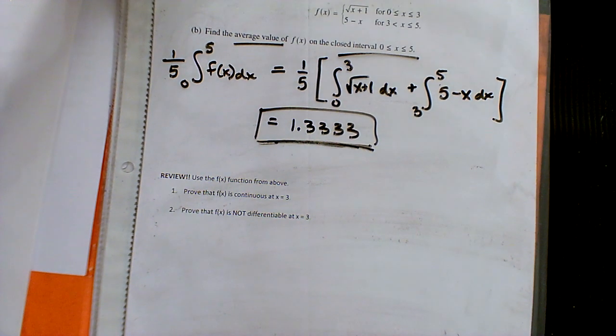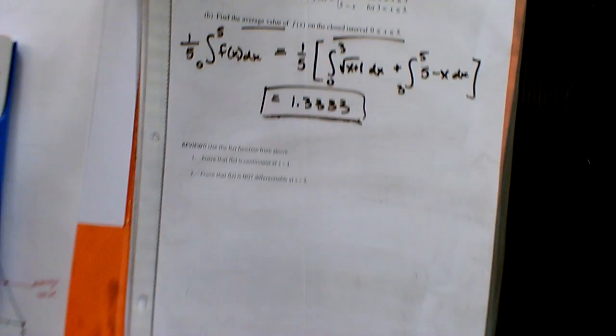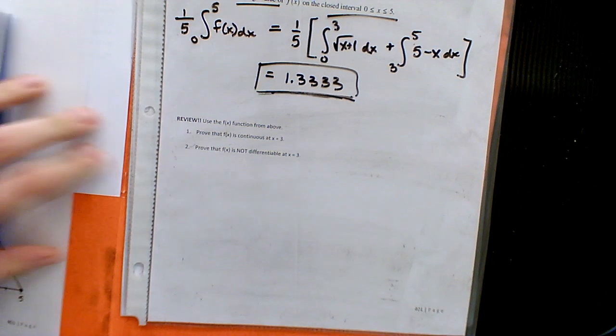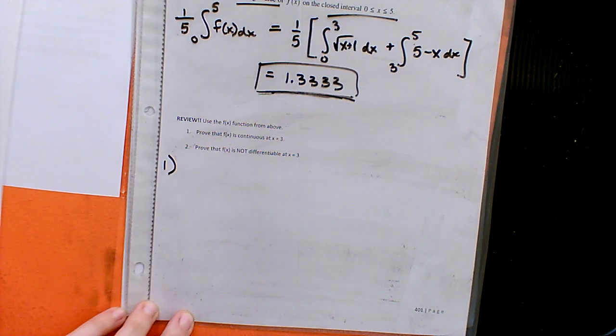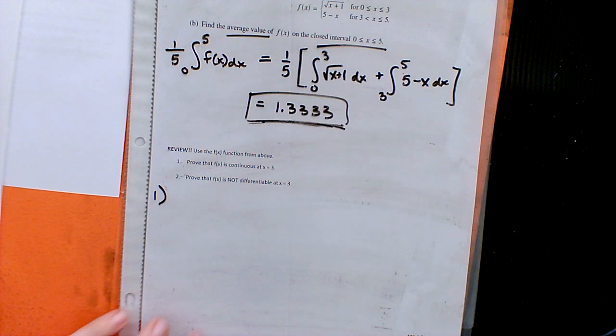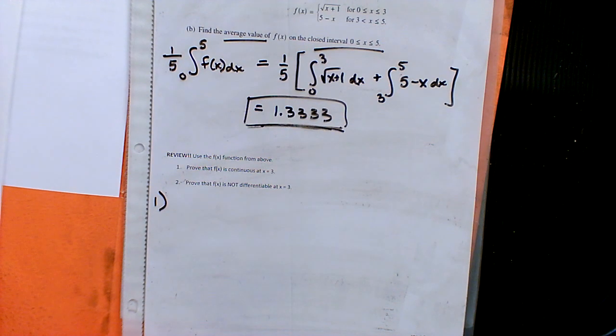Since we're dealing with piecewise functions, I thought it would be beneficial for us to review some things that we've done previously this year. Can we prove that f of x is continuous at 3? What does it mean to be continuous? It does have to be the same value. What do you mean by the same value?